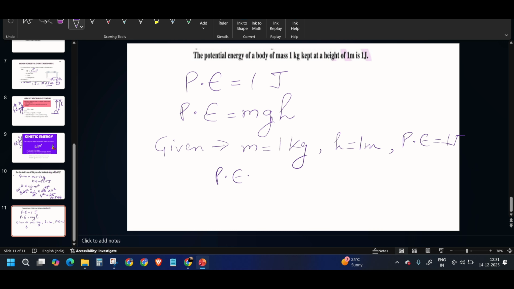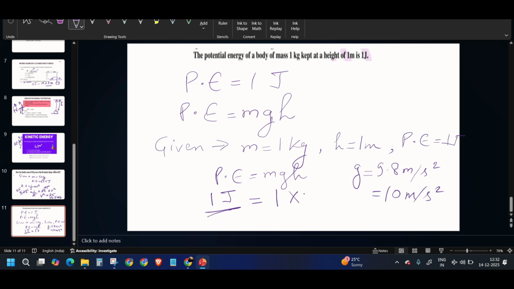So the potential energy formula is mgh. If we substitute the values, this is the left hand side, which is 1 joule, and this is the right hand side. If we substitute the values of mass, that is 1, g, as for our calculation, we generally take the value of g as 9.8 meter per second square, or for easier calculation, we generally take the value of g as 10 meter per second square.